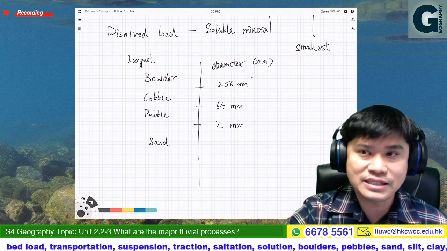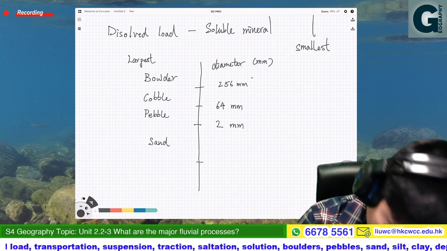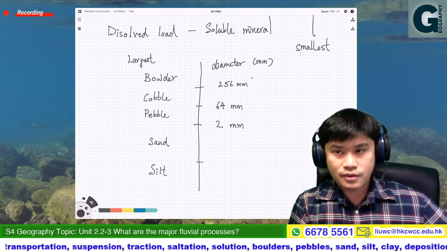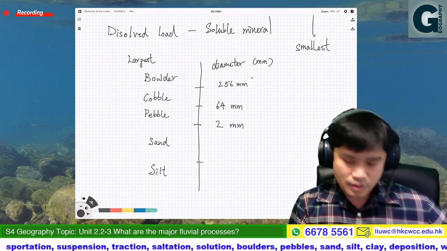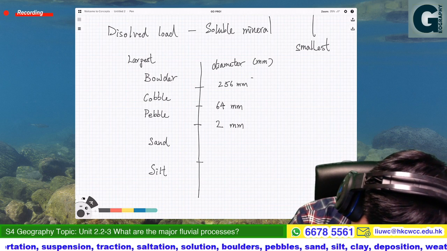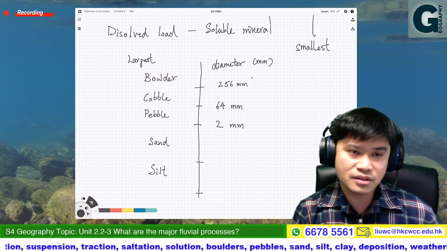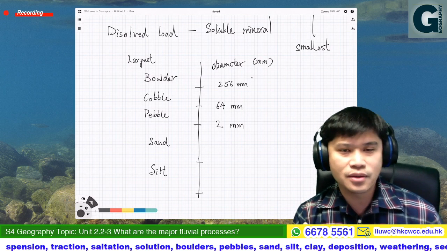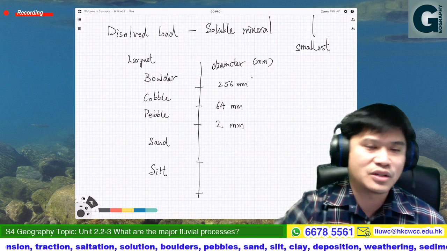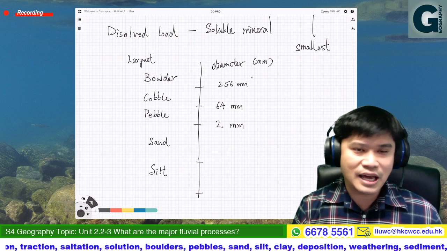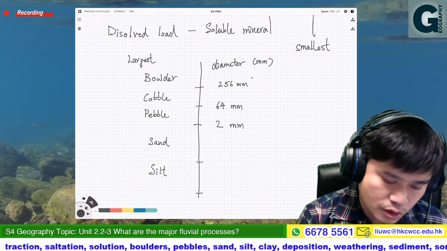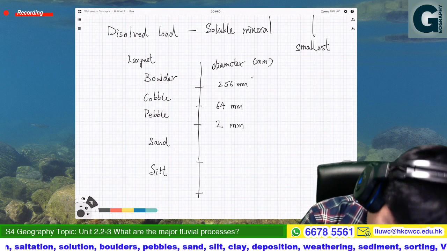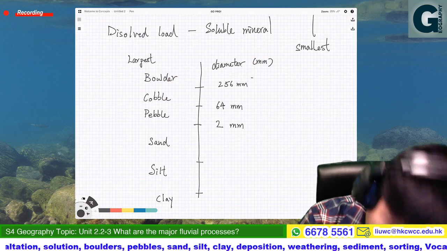And then after sand, silt. And then the finest, the smallest one, we won't call it mineral, because it is already dissolved in the water. So you won't see any size. But if we just talk about size, it should be clay.